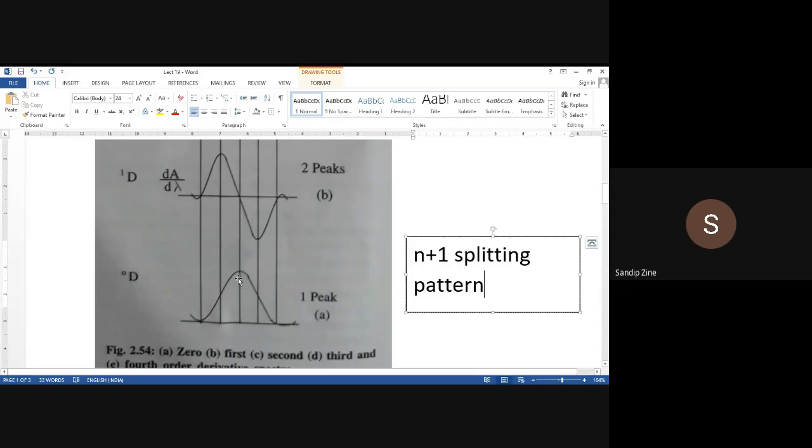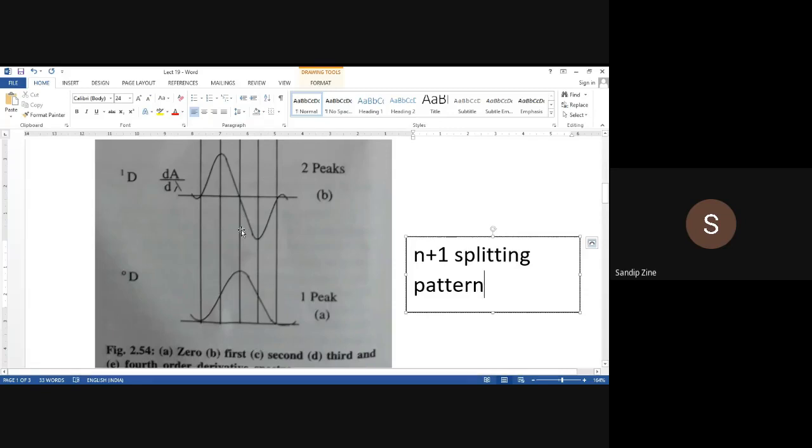This peak gets split as peak number 1 and peak number 2. So this is one major observation: in derivatized spectra, maxima and minima of the original function take zero values, and inflections are converted into maxima or minima.